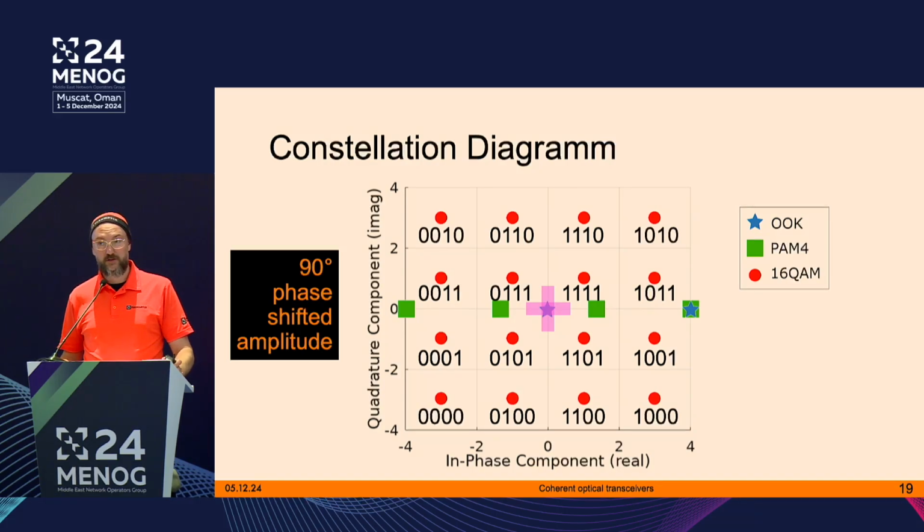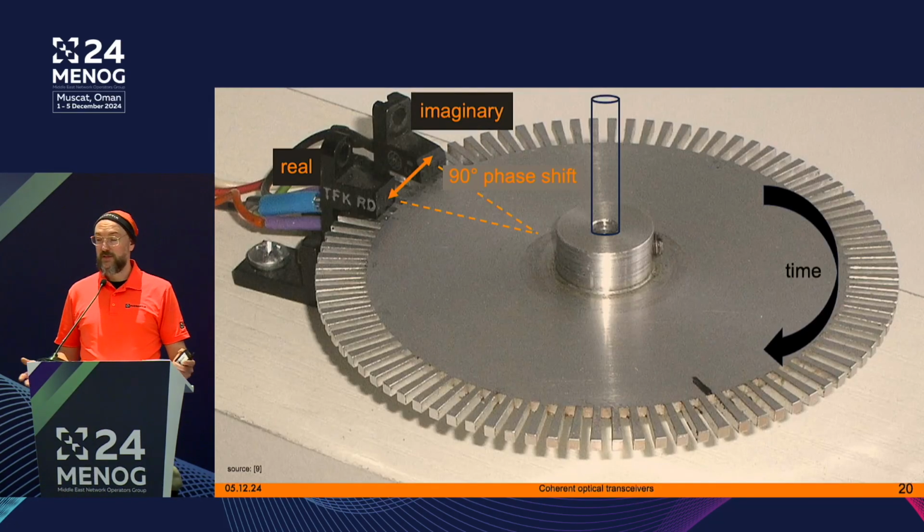So we have 16 dots in total, each dot represented by 4 bits. So that's pretty great. And we have now the real part, but also 90 degrees phase shifted the imaginary part. And that's called 16 quadrature amplitude modulation. And that's actually what we do now in 400 gigabit on 2 polarizations. So with 2 polarization directions and 4 bit per symbol, we can do actually 8 bits in total per symbol, and that's pretty amazing.